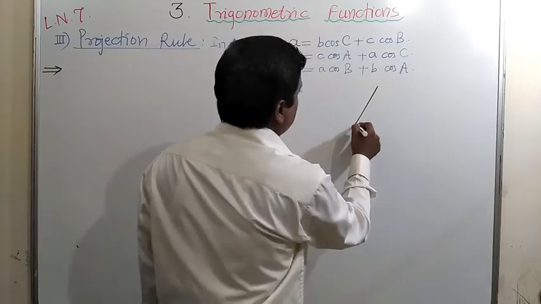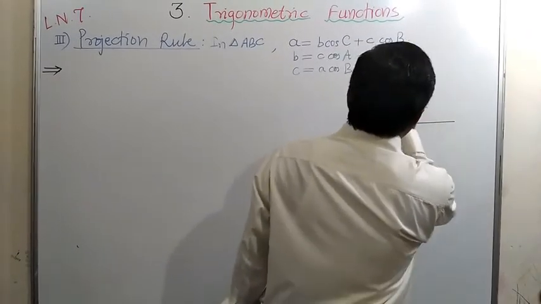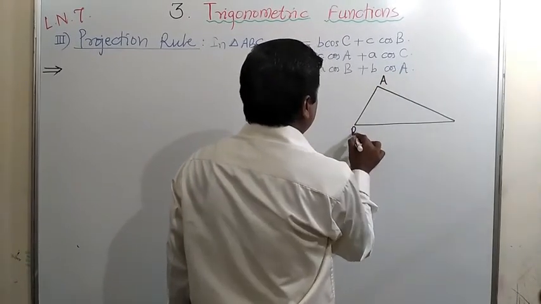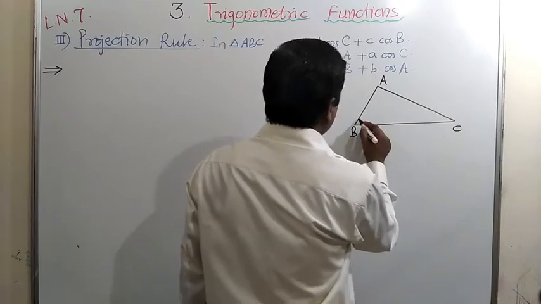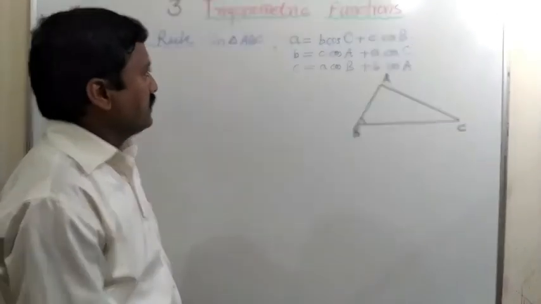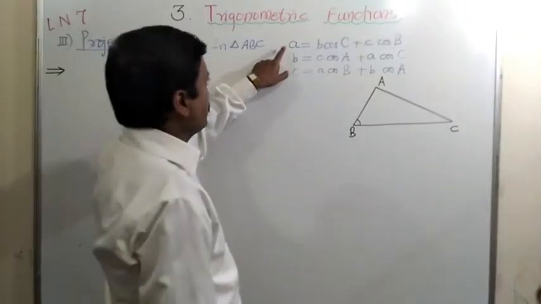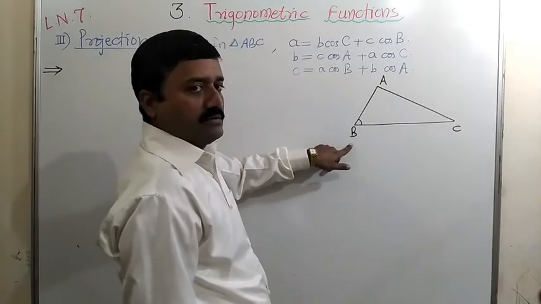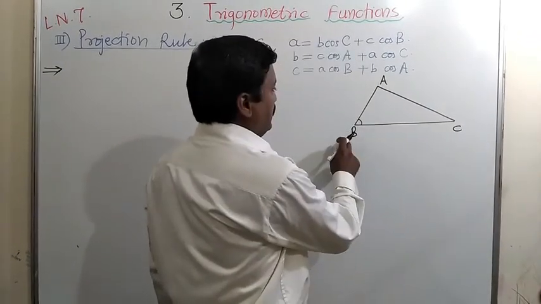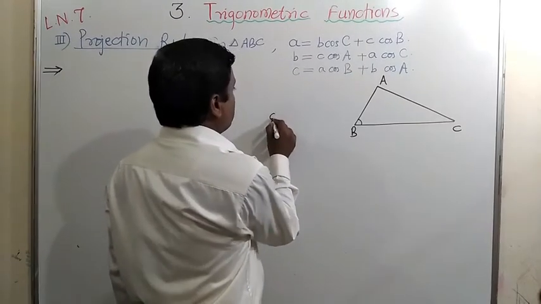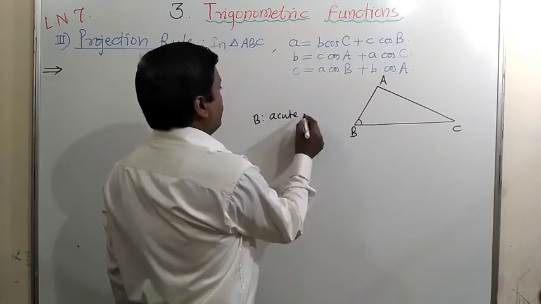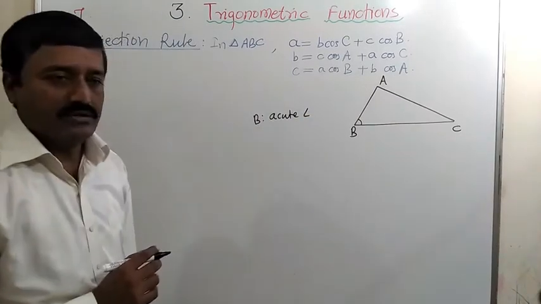We will consider triangle ABC like this, in which angle B is an acute angle. Actually we are proving this first result, but for it we will consider different positions of angle B. Here in this case angle B is an acute angle.